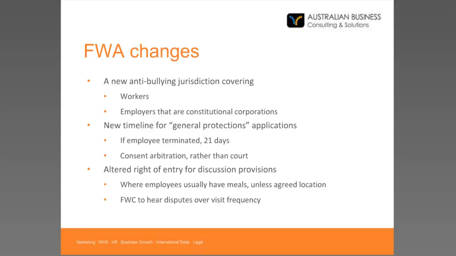Very briefly, a couple of other key issues is that people who wish to apply alleging a breach of general protections, which has given rise to their termination, prior to the 1st of January had up to 60 days to make such an application. That is now 21 days. And the second key change in that is that if the Commission can't resolve the issue between the applicant and those caught up in the application, it generally issues a certificate that would enable an applicant wishing to pursue his or her claim to go to the Federal Court.